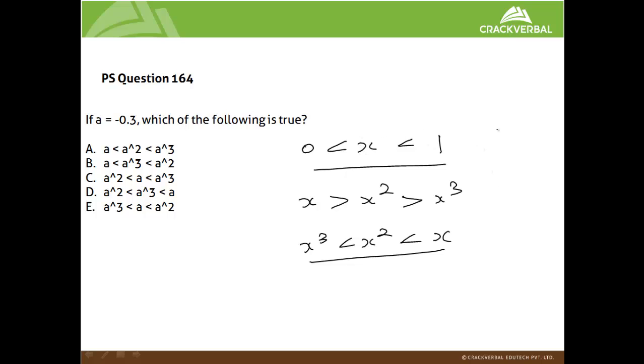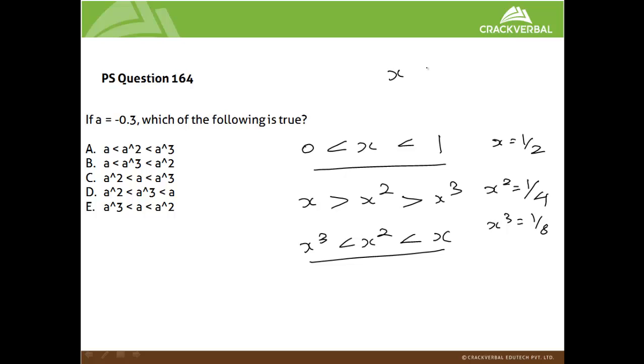Say suppose x is equal to 1 by 2. Then x square becomes 1 by 4, and x cube becomes 1 by 8. As your denominator increases, your value decreases, right? So x cube would be the least, x square would be the next least, and x would be the greatest.